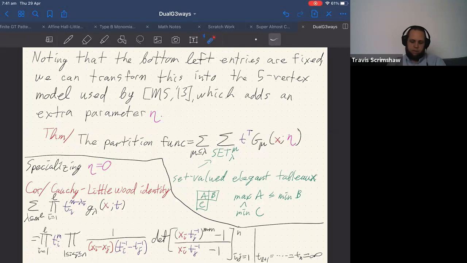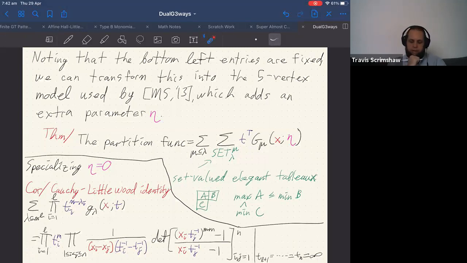where my semi-standard condition is I take the maximum of this entry A, and that has to be less than or equal to the minimum of the entry to its right, and strictly less than the minimum of the entry to its bottom. Another way you can think about this is that a set-valued elegant tableau is one where, if you take any entry from any of the sets, you still get an elegant tableau back again.